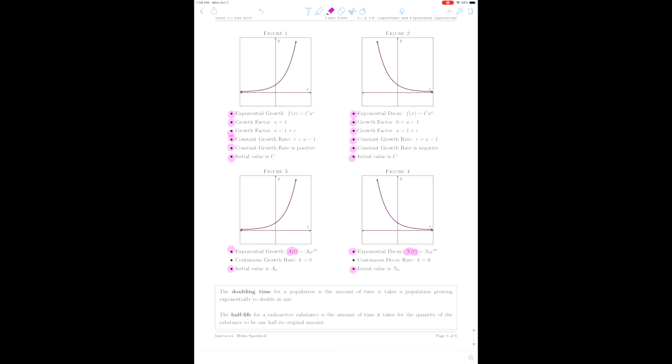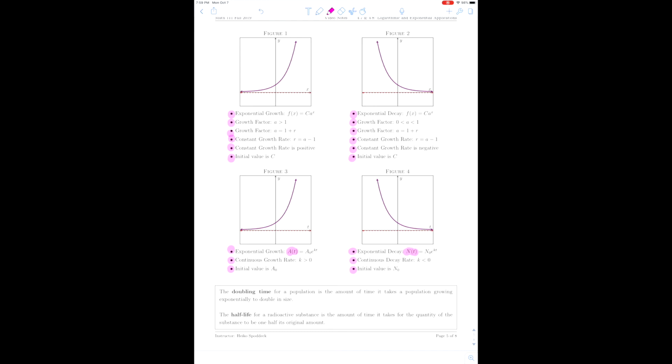So instead of having a growth factor where the basis is changing in the exponential expression, it is now put in the exponent that changes, and that's that little k. And that little k we call the continuous growth rate, or the continuous decay rate if it's decay.